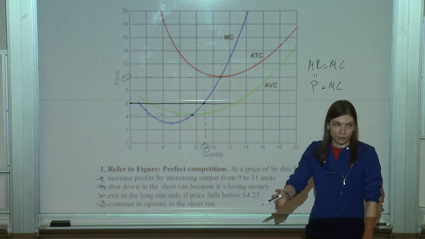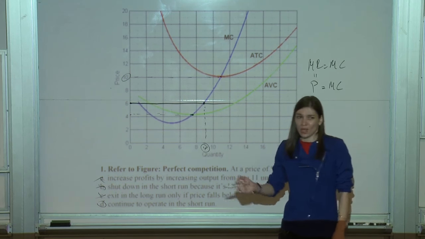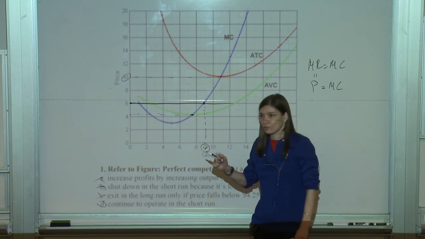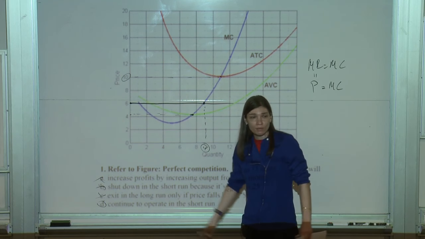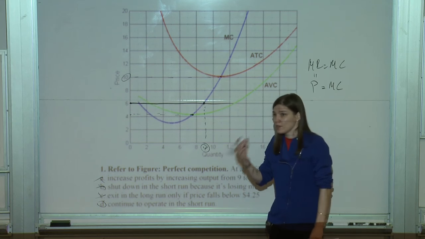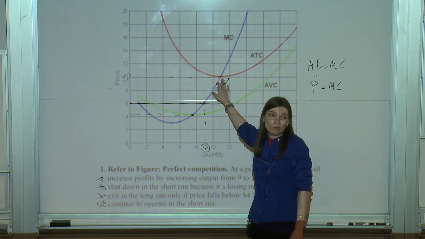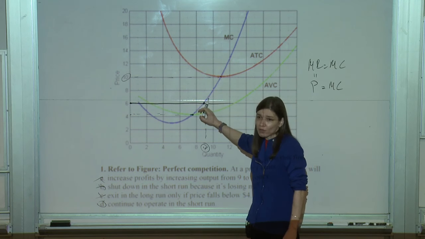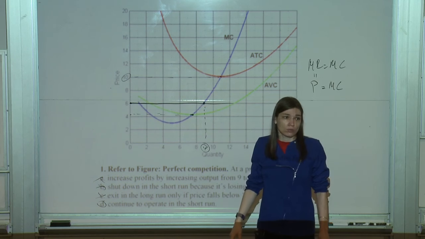Shutdown is a short-run phenomenon, and the price at which they would be indifferent between shutting down and operating is the minimum average variable cost, where the marginal cost curve intersects the average variable cost curve. And an exit price is the point at which they would break even, making zero profits. Below that, they have no incentive to stay in that industry in the long run. That's the minimum average total cost.